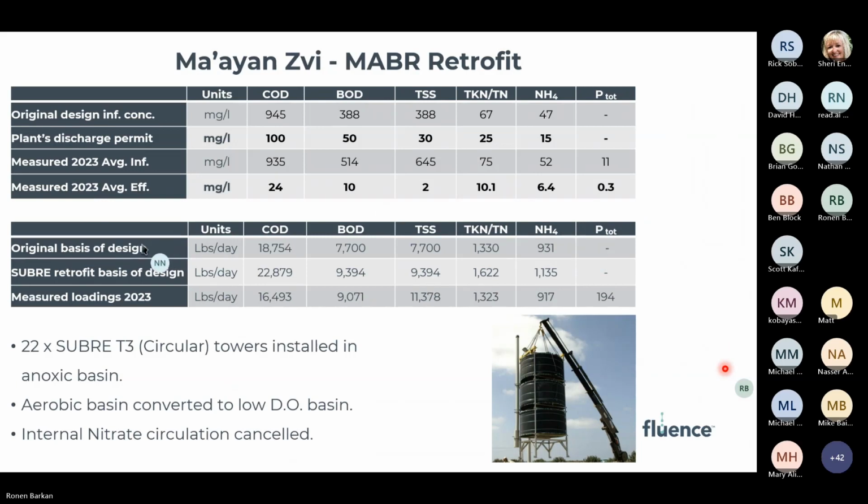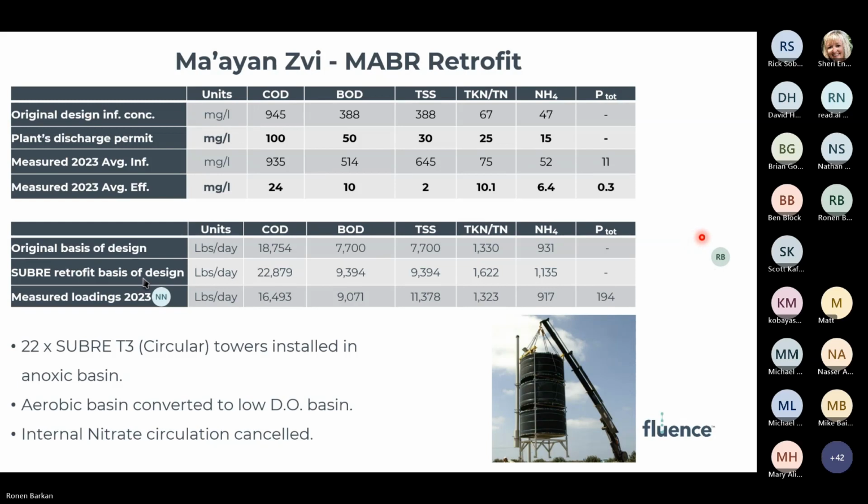Now, the second table shows the original basis of design in terms of loading for BOD, COD, TSS. The second row shows the predicted increase in loading that this plant will be capable of treating, thanks to the upgrade and the retrofit by the SUBRE.